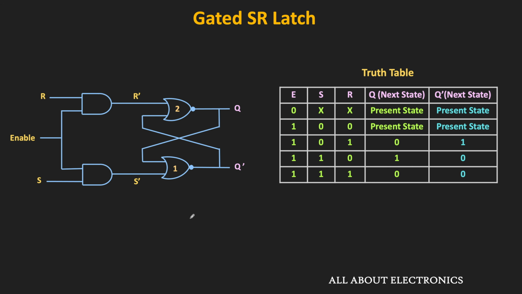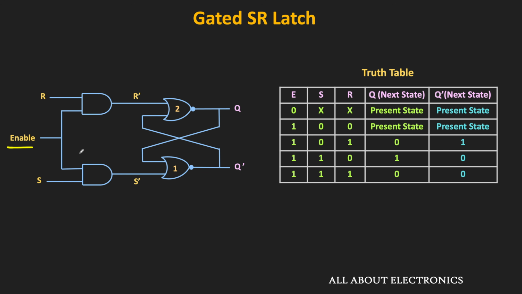As you can see, when this enable input is low, then irrespective of the values of S and R, this R dash and S dash will remain 0, and therefore there is no change in the output state of the latch. That means in that condition, the next state will be the same as the present state. Now when this enable input becomes high, then these inputs R dash and S dash will be the same as the R and S inputs.